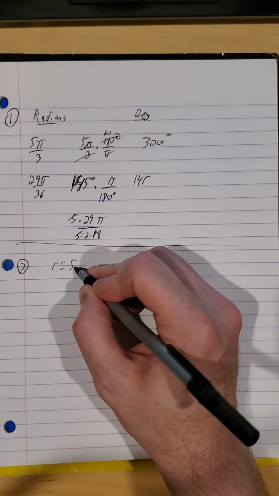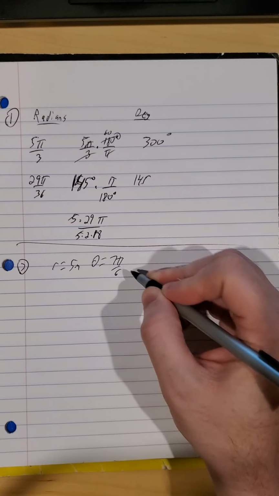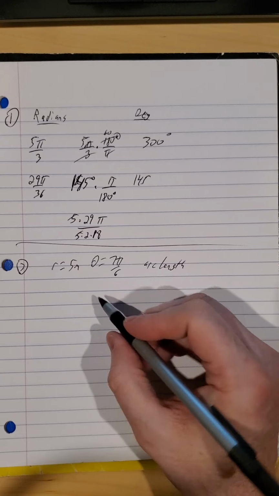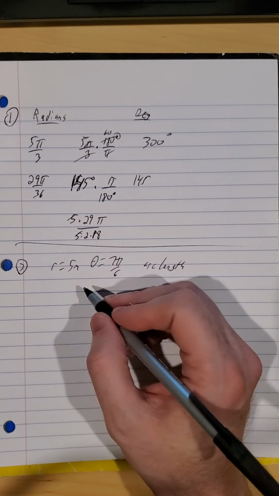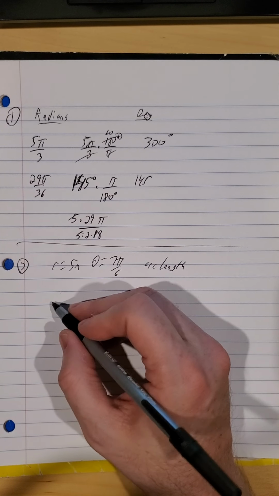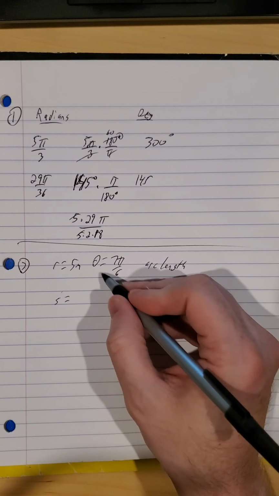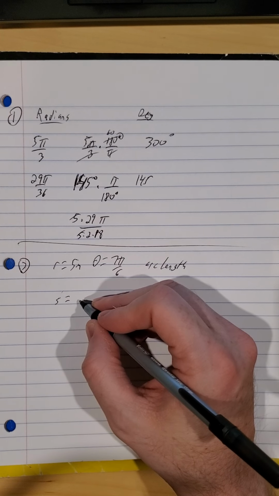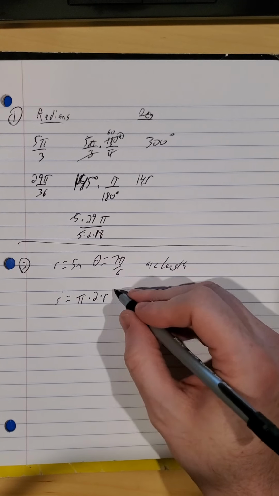Second one, arc length. So our radius was 5 meters, and our angle was 7 pi over 6. So for this one, if you are into memorizing formulas, that's fine. If not, your arc length, if we did a full circle, would be pi times the diameter. So pi times 2 times the radius.